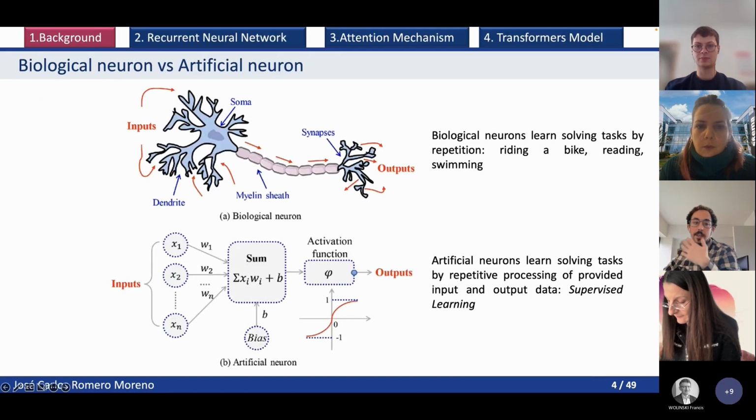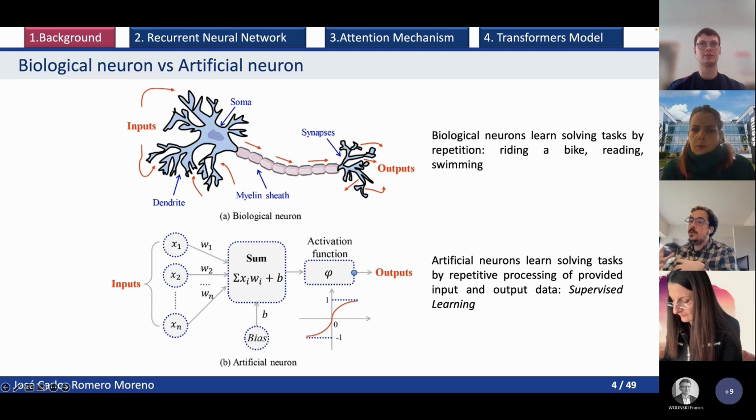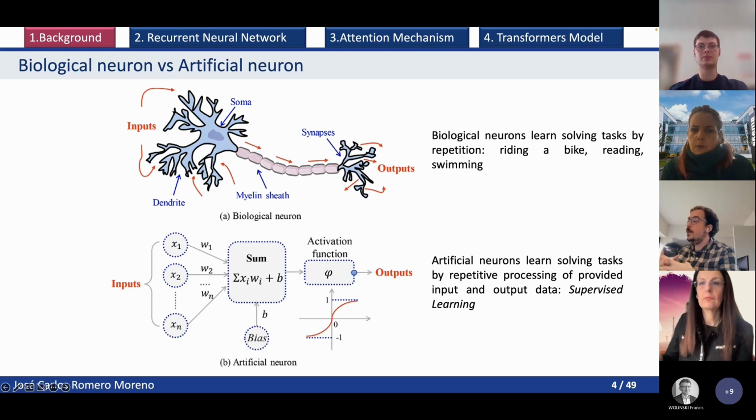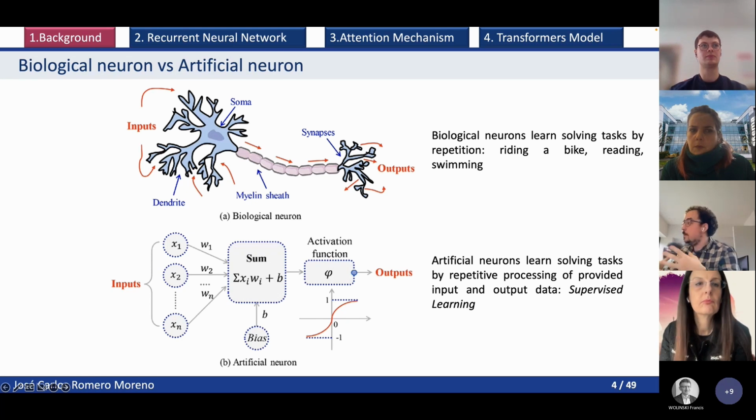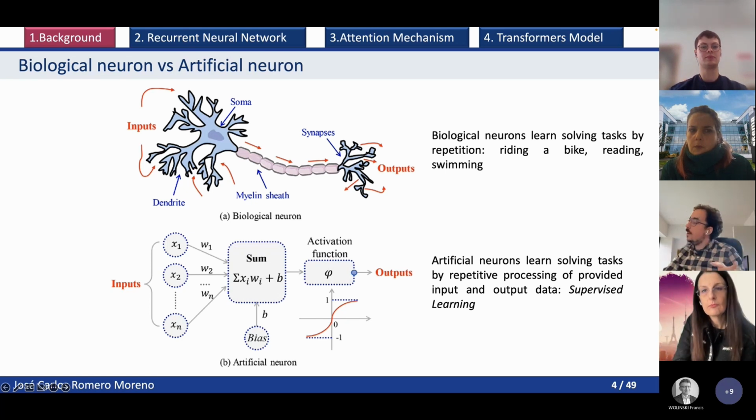So okay, for starting, for those who don't know, maybe you have heard a lot about neural networks, neurons, etc. But what is a neuron? The idea in computer science of an artificial neuron came from, as 90% of the things in computers or in science, nature.